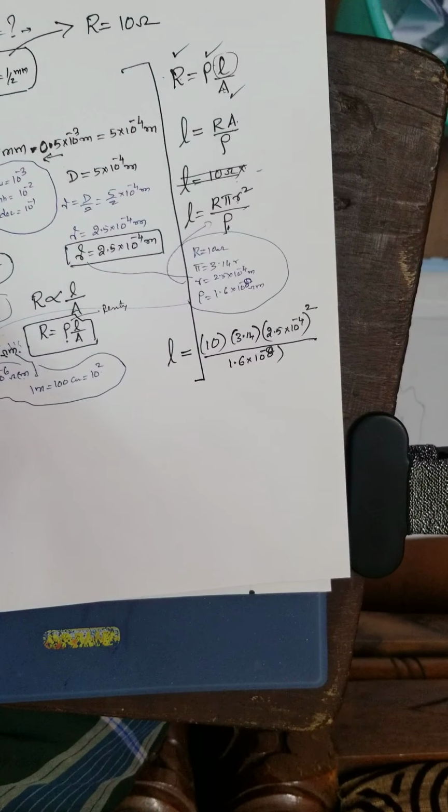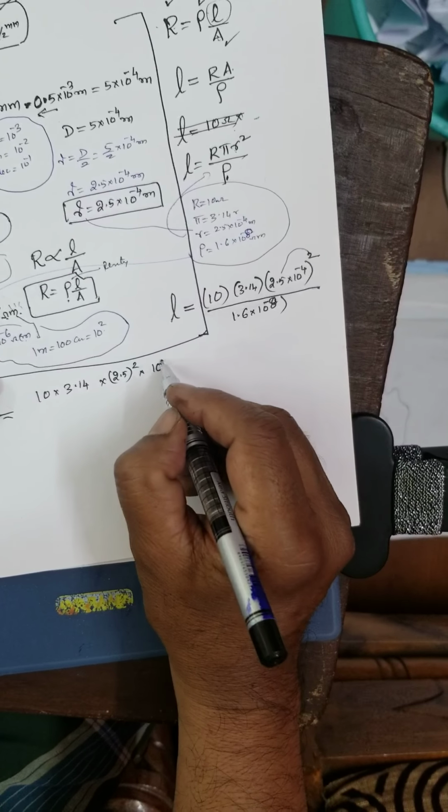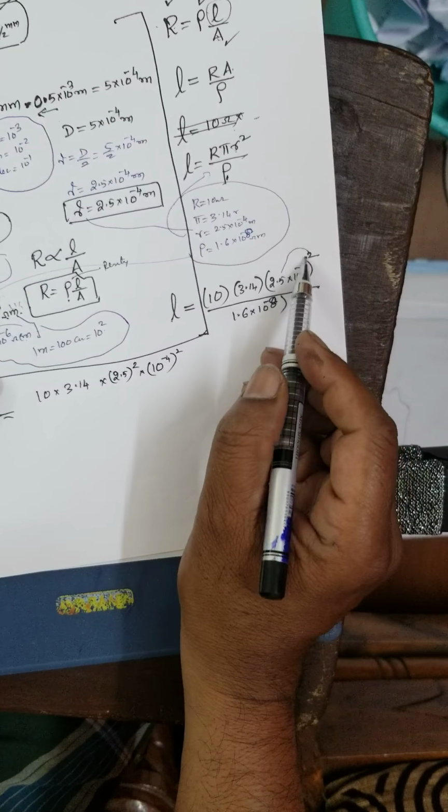Now, what I do is, L equal to 10 into 3.14 into 2.5 whole square into 10 to the power of minus 4 whole square divided by 1.6 into 10 to the power of minus 8.